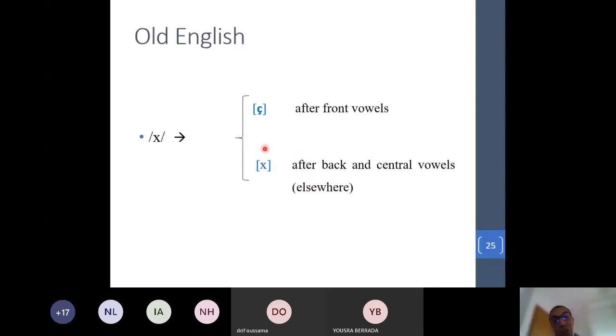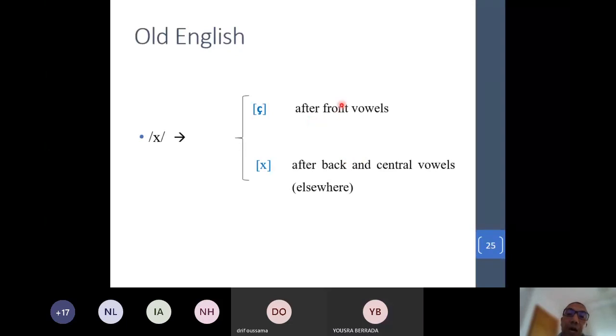Again, this change makes sense from a phonetic point of view. We have a velar sound changing its place of articulation, becoming more front, that is becoming palatal, because we have front vowels, and front vowels are front compared to back vowels.